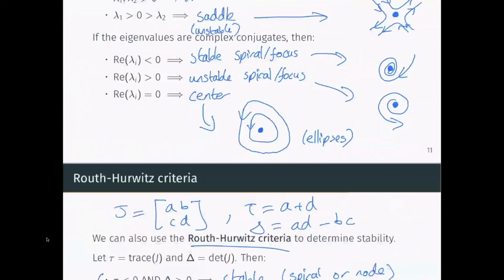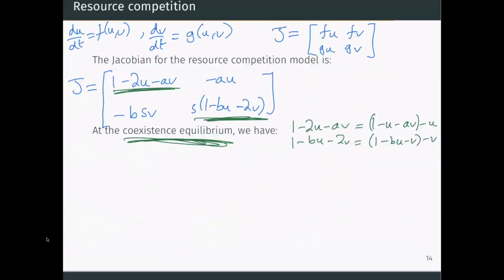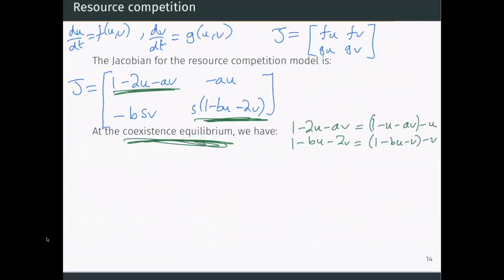Why have I done that? Well, if we go all the way back down here, if I rewrite these bottom left and right terms like this, so I'm going to write them out as 1 minus u minus AV minus u minus AU minus BSV and 1 minus BU minus V minus V. We also have an S in this bottom term here.